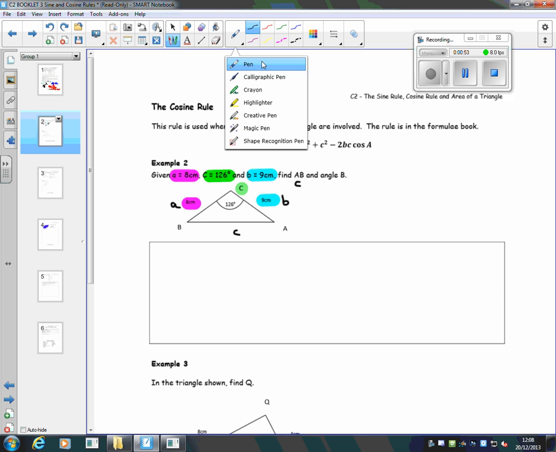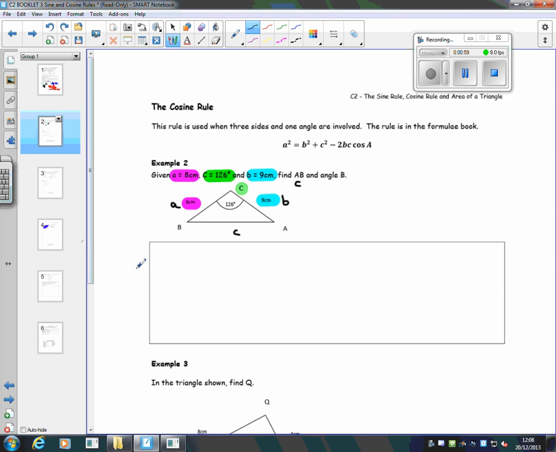So we are going to use the cosine rule, given the letters that we have in this question.